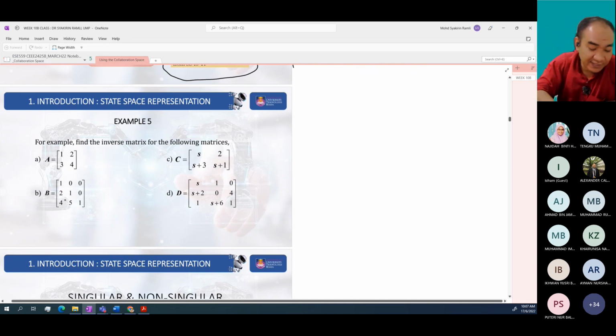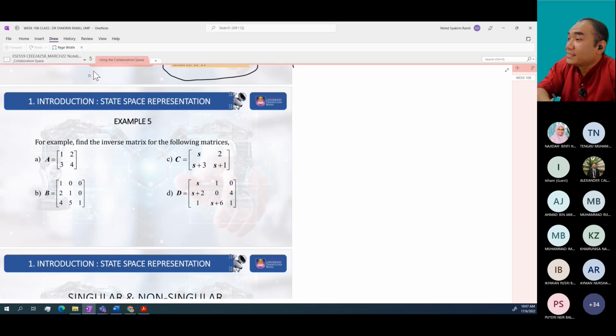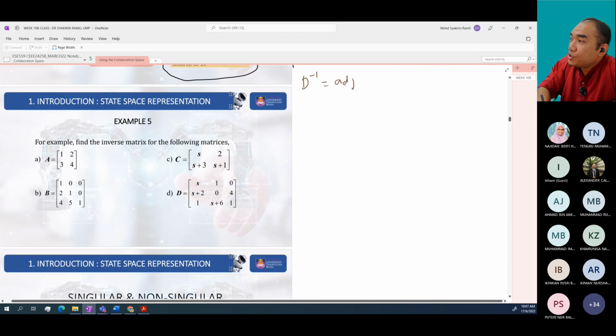Kita buat D boleh. Okay, let's try to do D. We know that to find D inverse is simply equal to the adjoint of the matrix D divided by the determinant of the matrix D.